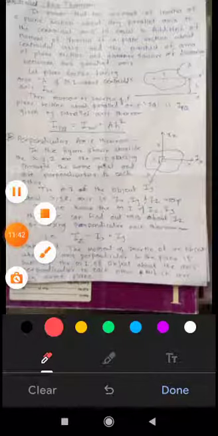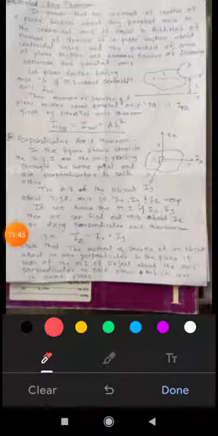That means if we have to calculate the moment of inertia about the z axis, then we have to add the moment of inertia of the body about the x axis and about the y axis, which are in the plane of the figure. This is the law of the perpendicular axis theorem.